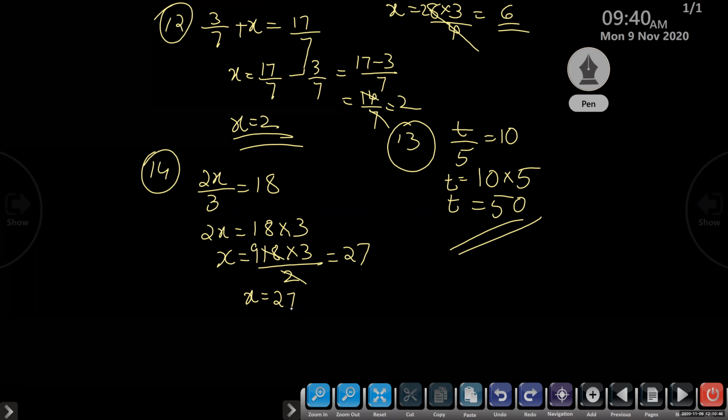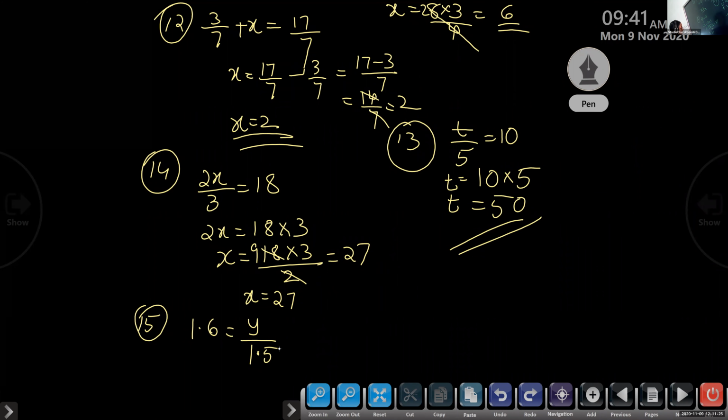Question number 15. 1.6 equal to y divided by 1.5. So, y equal to 1.5 into 1.6.